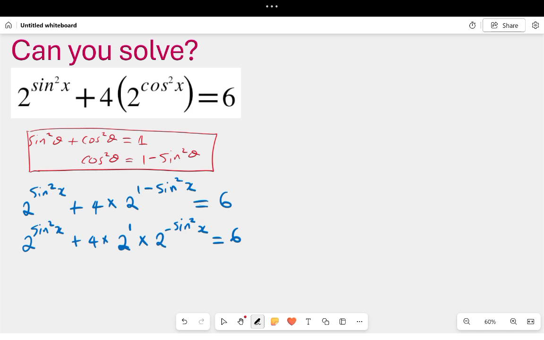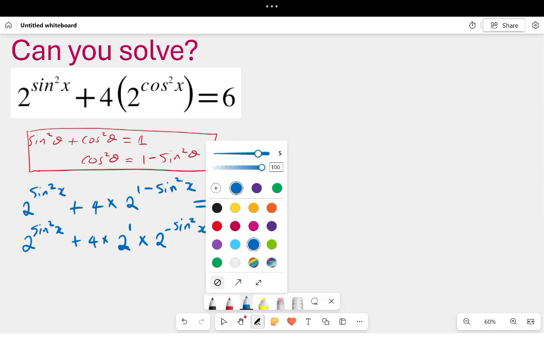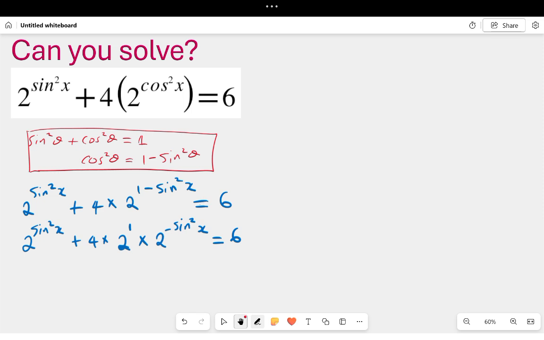Now the negative power that we have here can be written as a fraction, because this is clearly a reciprocal. We are going to write it as 1 over 2 to the sine squared x, so it's going to be 2 to the sine squared x plus 4 times 2.